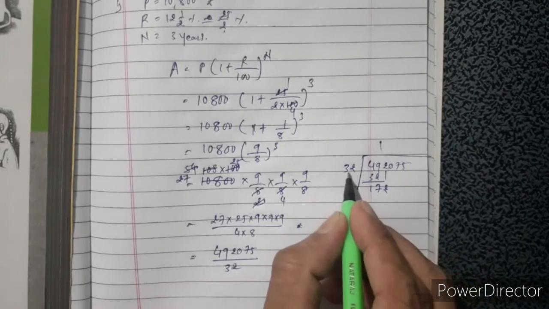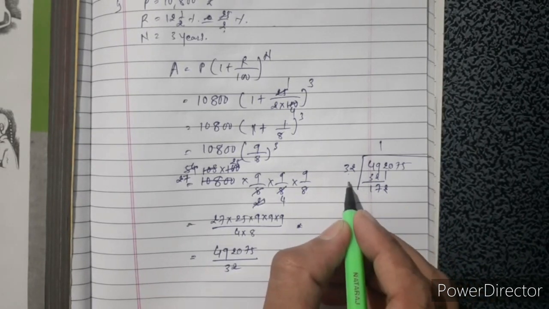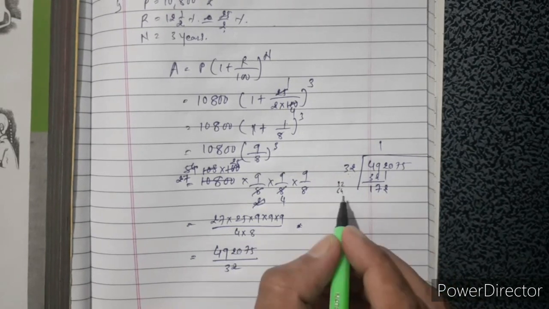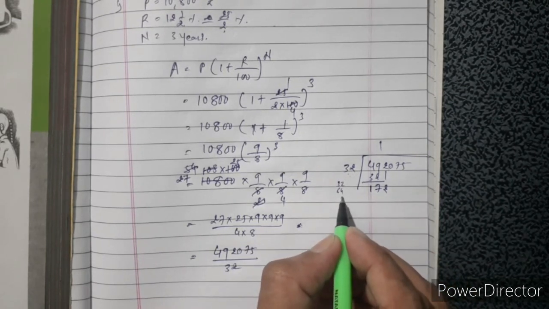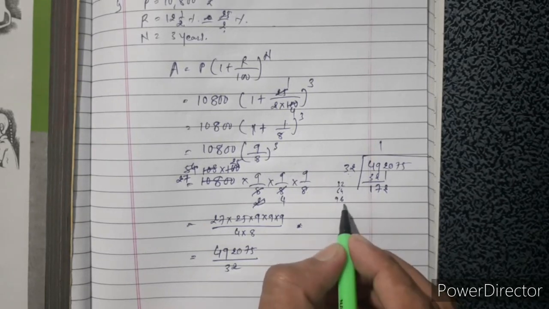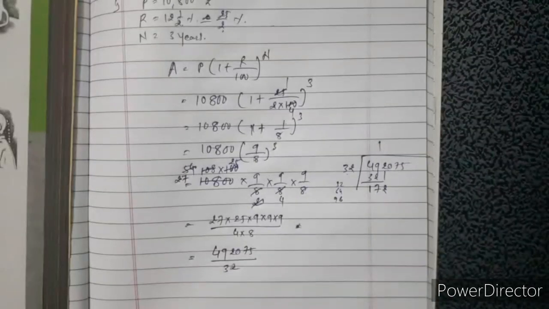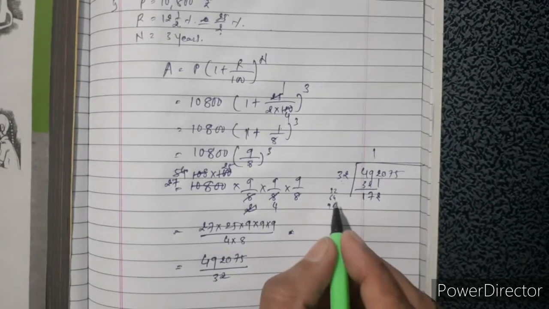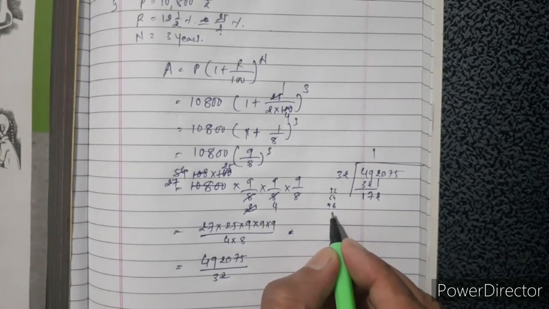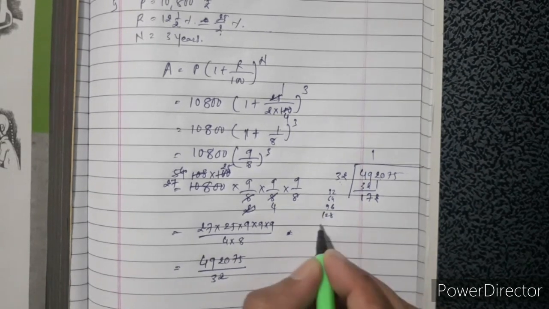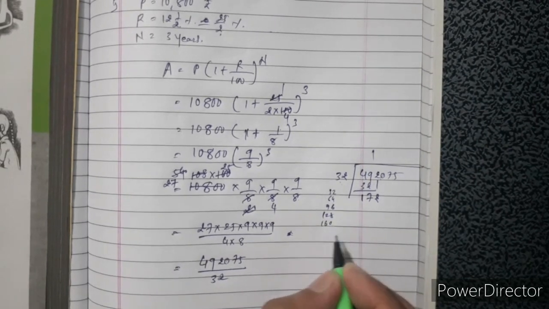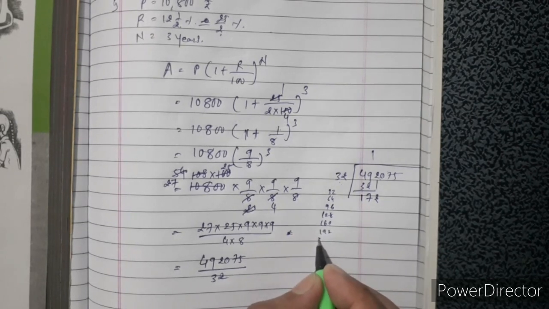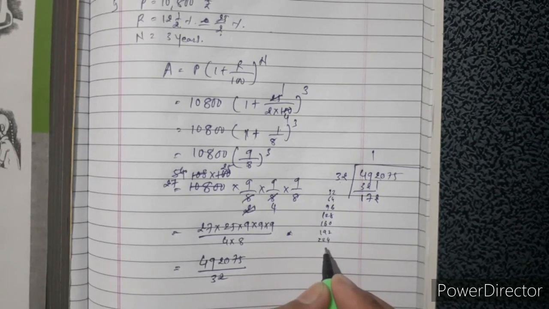Now the table of 32: 32 twos are 64, 3s are 96, 4s are 128, 5s are 160, 6s are 192, 7s are 224.